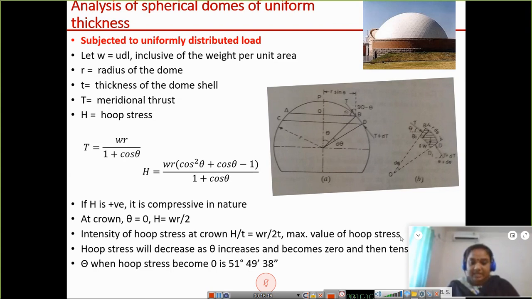The hoop stress decreases as theta increases. So it will keep on decreasing as theta increases and become 0. And then it may go to the tensile regime.